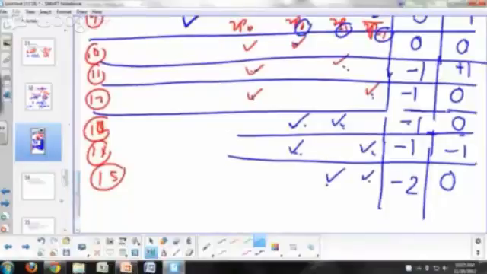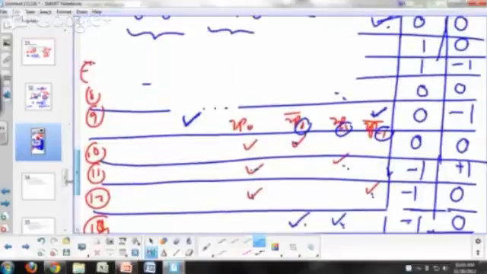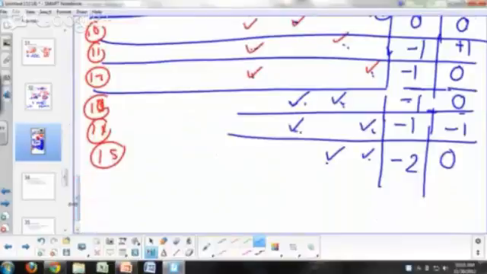would be 4 -1s and a -2. -1, -1, -1, -1, -2, and the M sub S's for those are, let me see if we get that one right. 1, 0, 0, -1, 0.